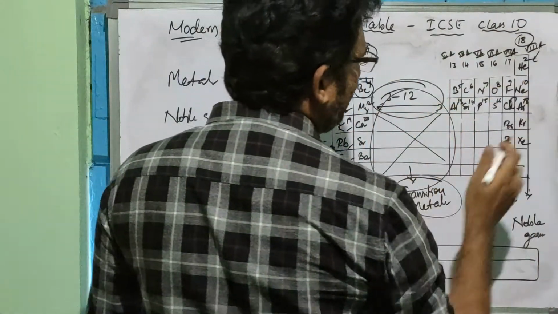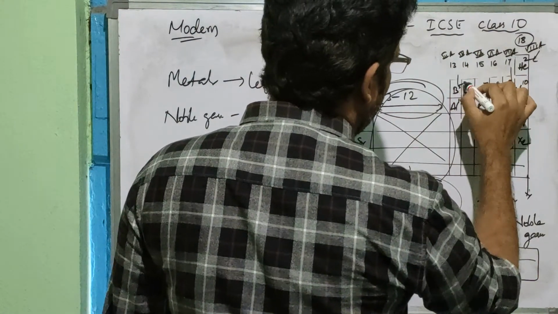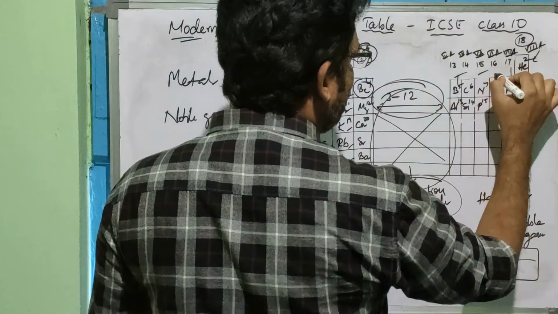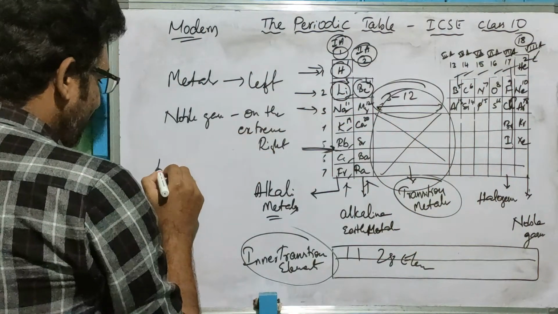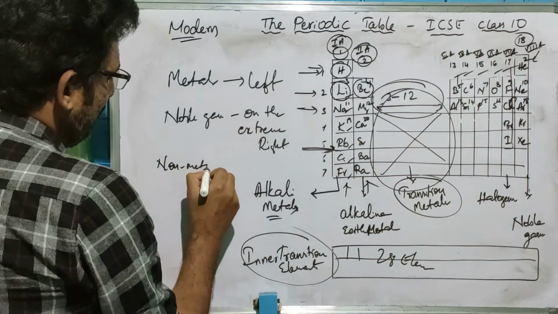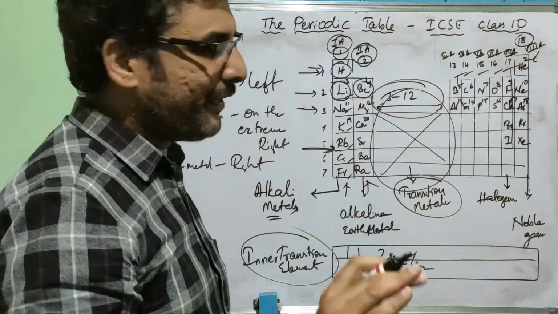And apart from group 18, if you see group 14, 15, 16, 17, they contain non-metals, means the non-metals are placed on the right hand side of the periodic table.